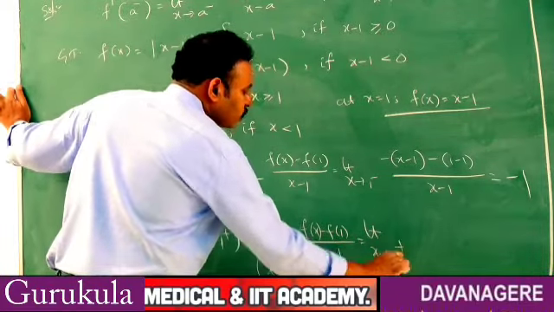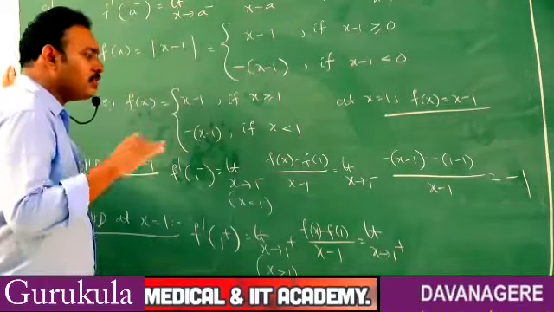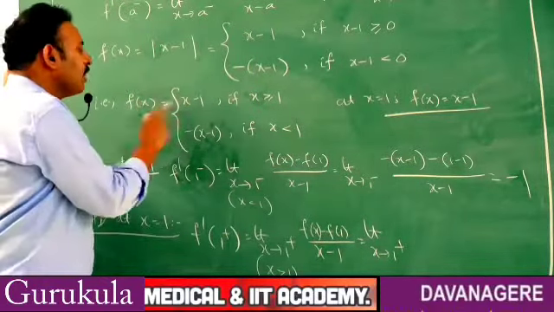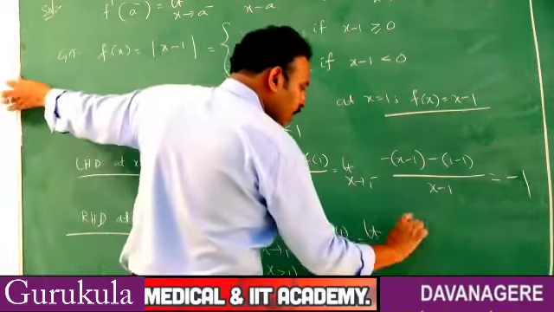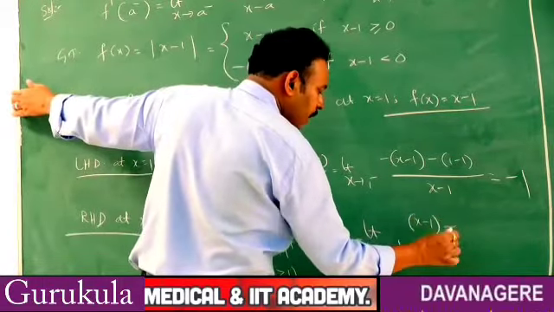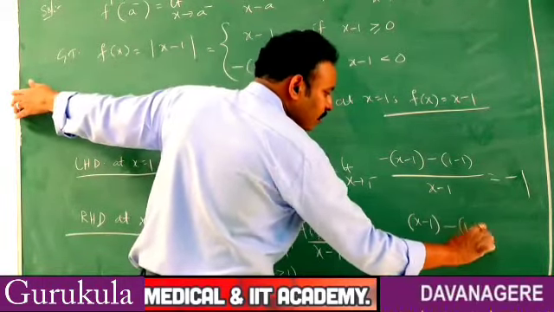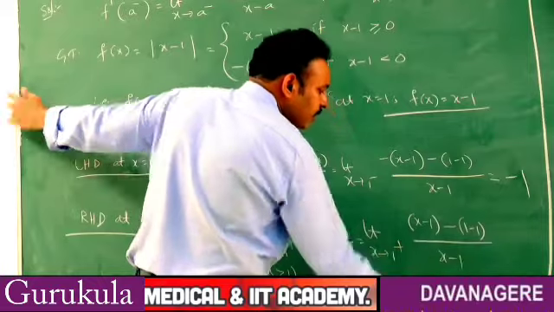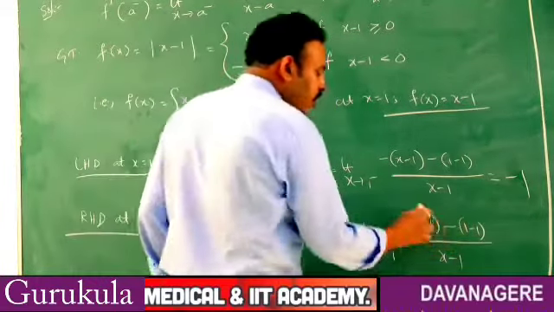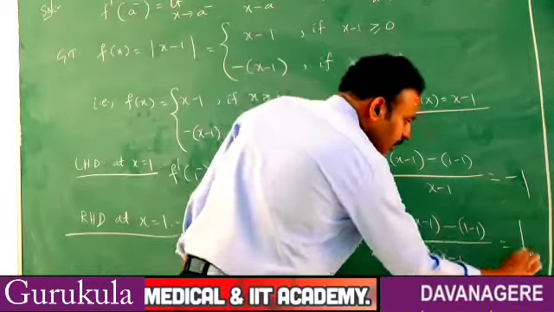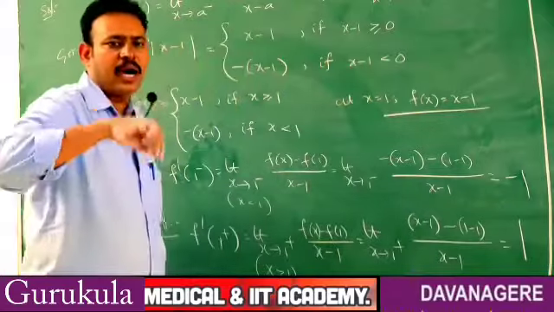Limit x tends to 1 plus means x greater than 1, f of x is x minus 1 minus f of 1 value, by x minus 1. 0, both are cancelled, we get 1.